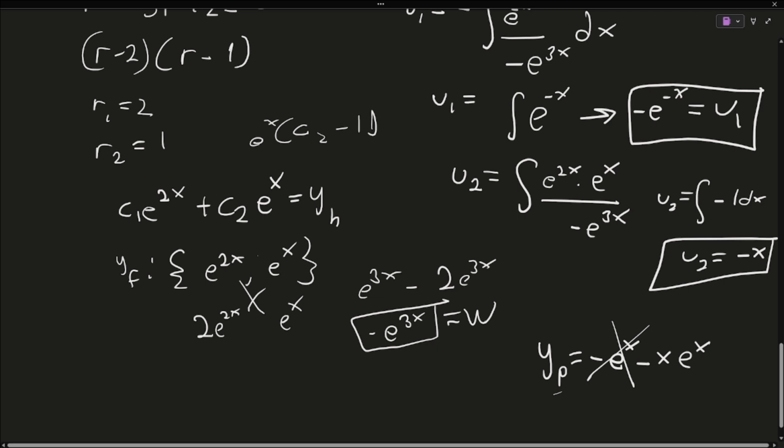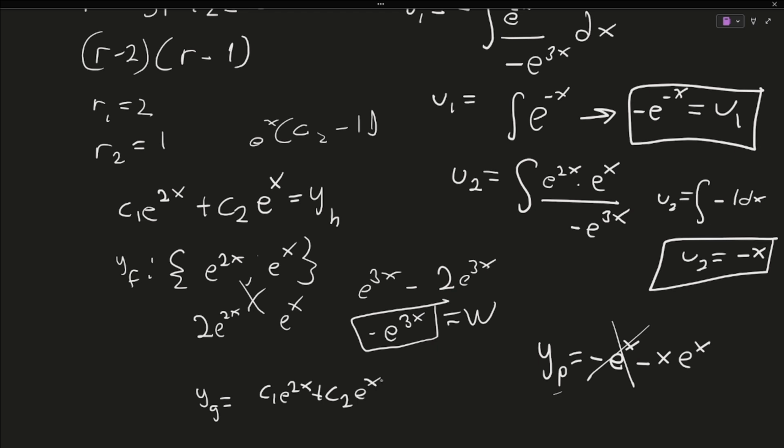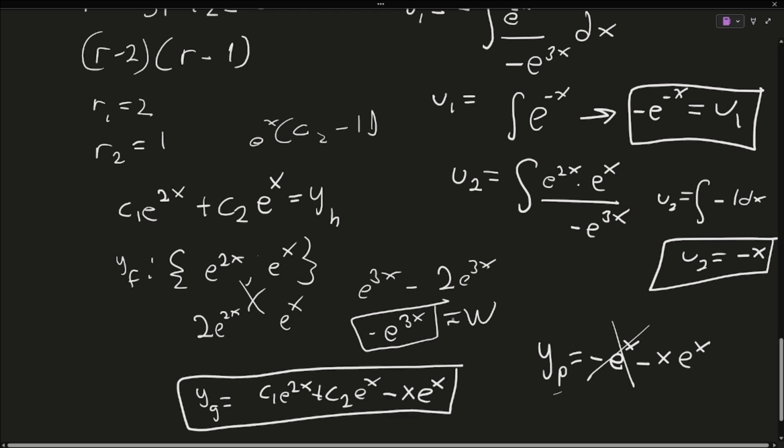I mean, it wouldn't be mathematically incorrect, but I don't think many professors would like you having that, because it would show you don't really grasp the concept of these constants. So our y general will be c1 e to the 2x plus c2 e to the x minus x e to the x. And this is our general solution for the differential equation.